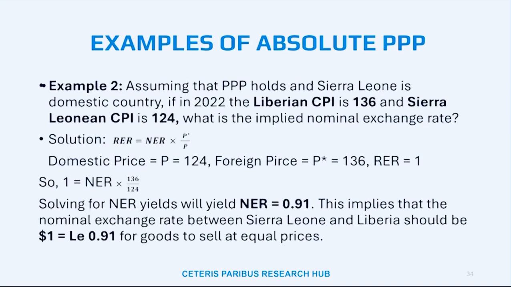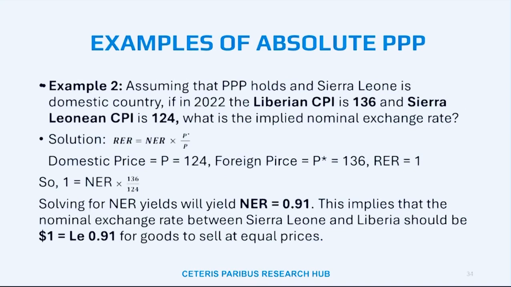So in this case, you can determine the exchange rate in any form. So let's assume we use NER times P star over P. So we want to solve for NER. So in this case, we want to solve for the nominal exchange rate in terms of leones, with leone as the quoted currency, assuming leone is the domestic country.